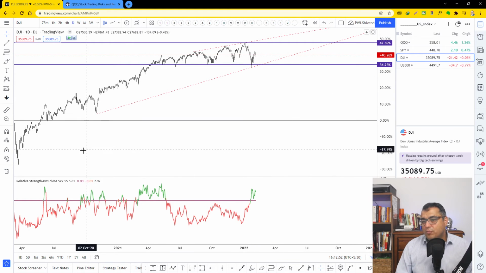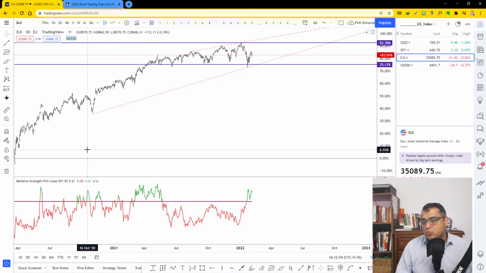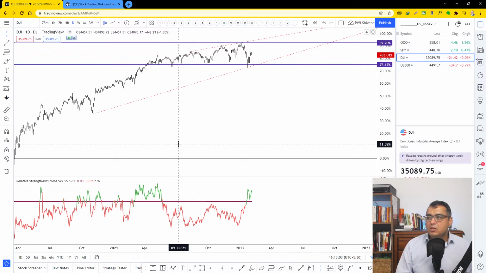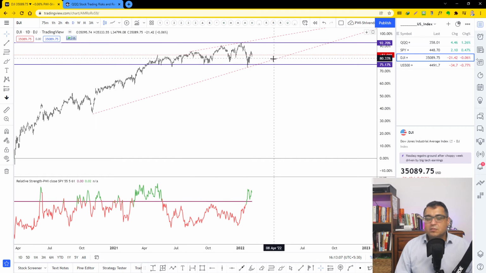No, sorry, I'll just move it a bit. It's 83% from the COVID lows, that's the gain we're looking at. It has a drop of around 9% or 10% from the top, but that's part of the game, right? So that's the Dow Jones index.